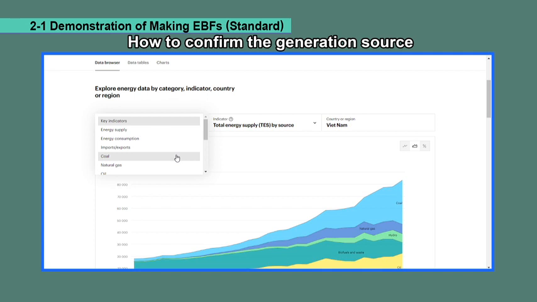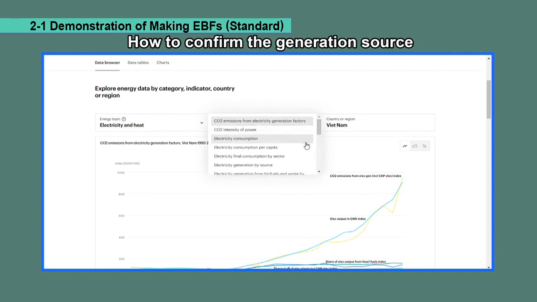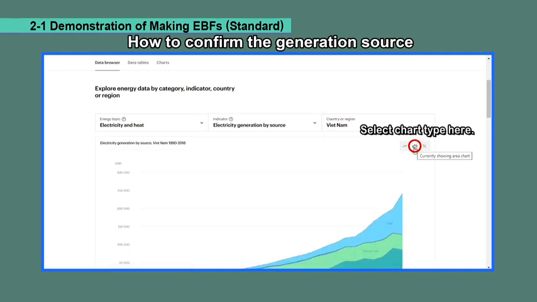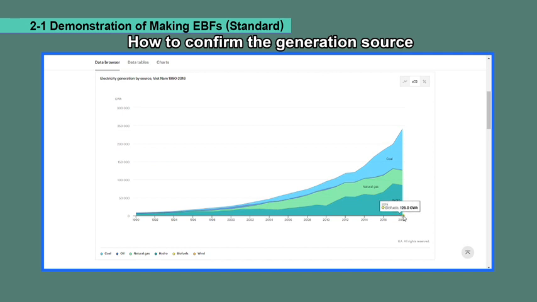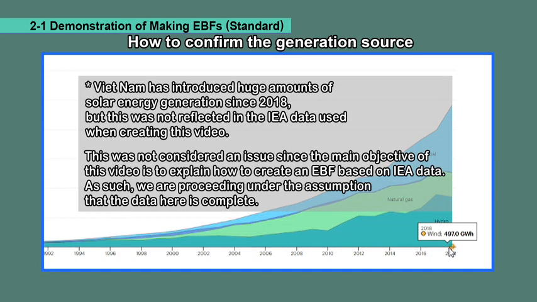Select Electricity and Heat from the far left. Select Electricity Generation by Source in the middle. When you change to the area chart to make it easier to identify, click and look closely. You'll see the value for wind. It indicates that the representative RE is wind.